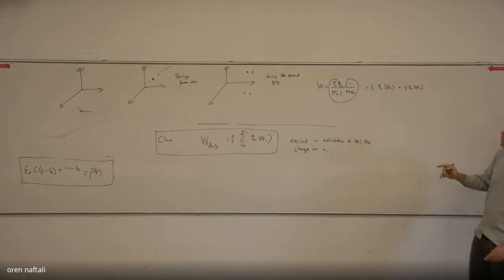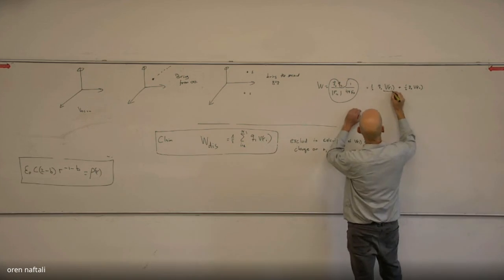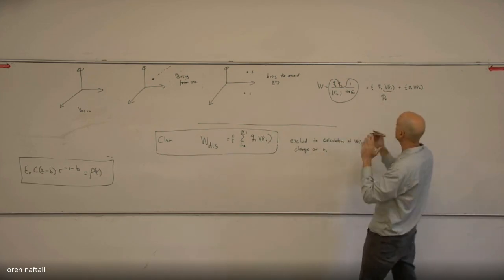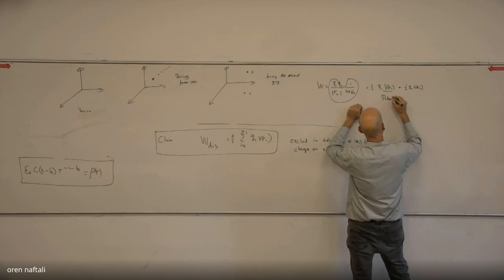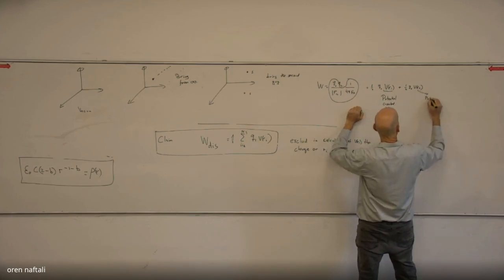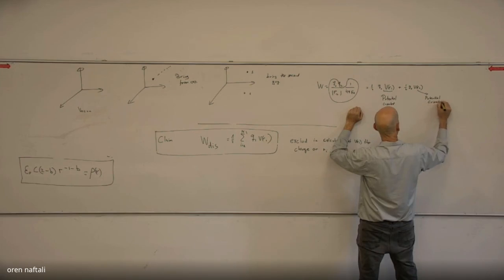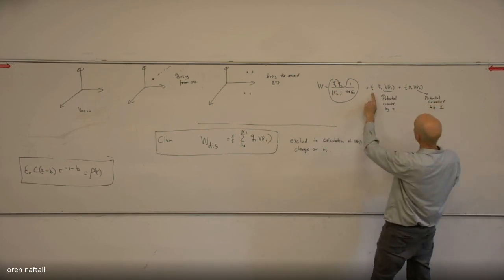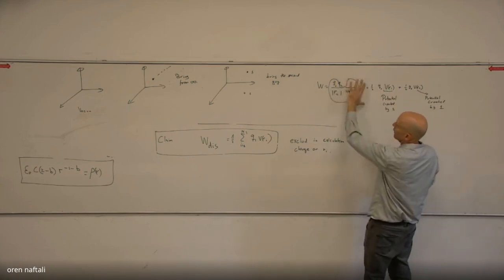These are the potential created by 2, and this is the potential created by 1. And the half here is obvious because I just write it 2 times.